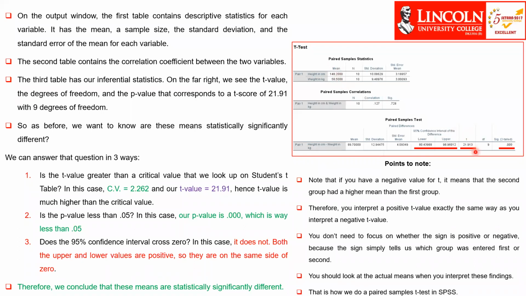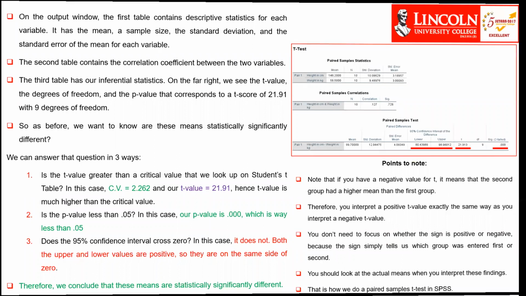So as a result, you'll have a negative value here. But you are still going to have the same value, irrespective of the sign. So whether you have negative or positive, it doesn't matter. Just focus on the value and interpret it accordingly. So that is how to do a paired sample t-test on SPSS.